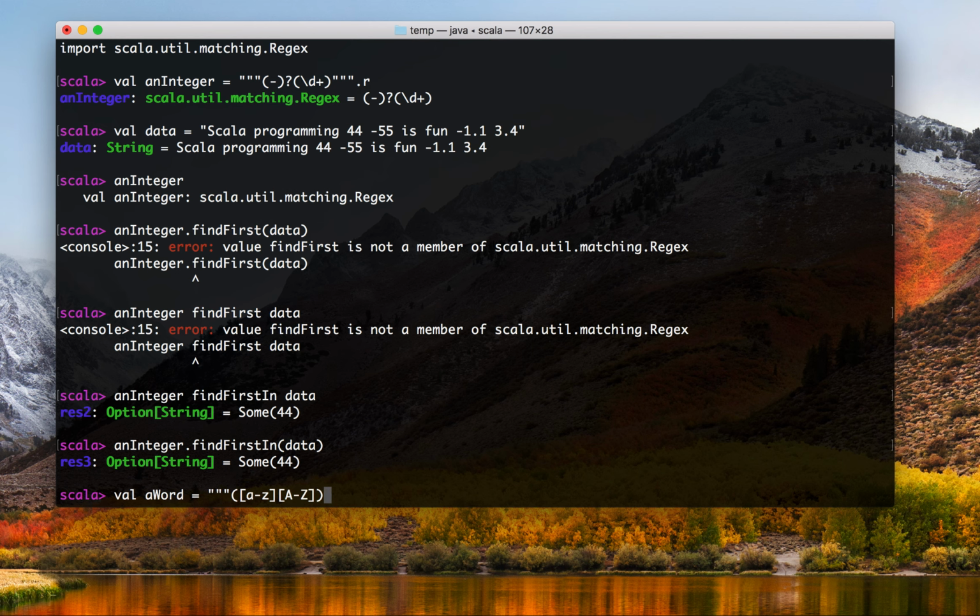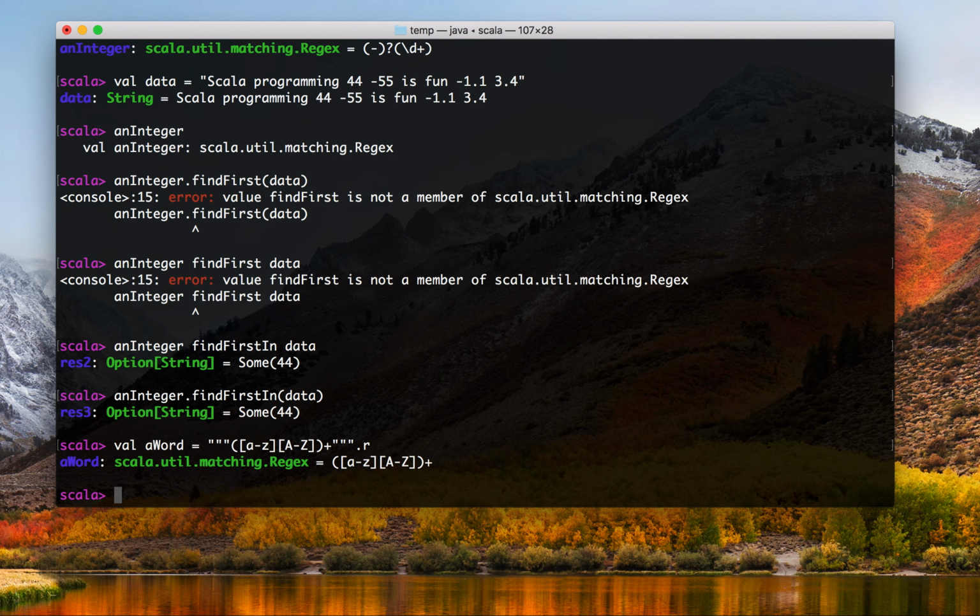And that can be one or more. It could be a single letter, and it can also be a word, right? So that's my regular expression. And now if I do my word findFirstIn and then my data, let's get the first word.